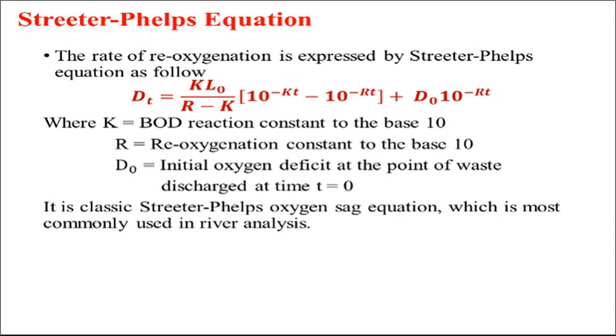It is the classic Streeter-Phelps equation for oxygen sag, which is most commonly used in river analysis for knowing the DO.